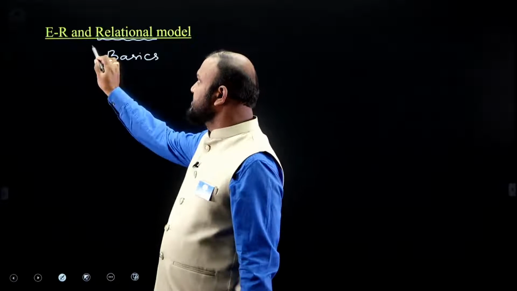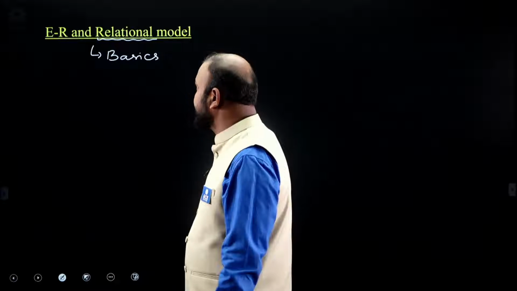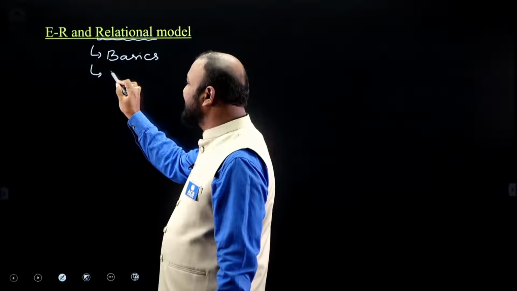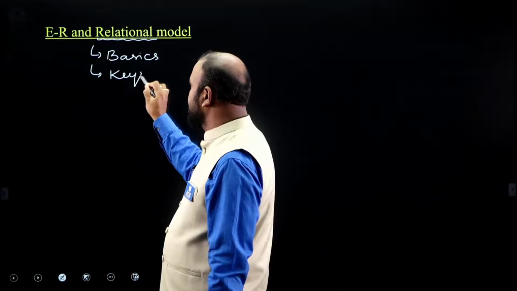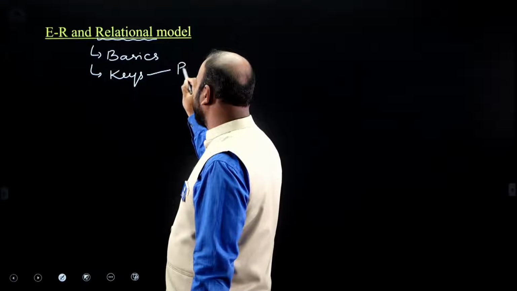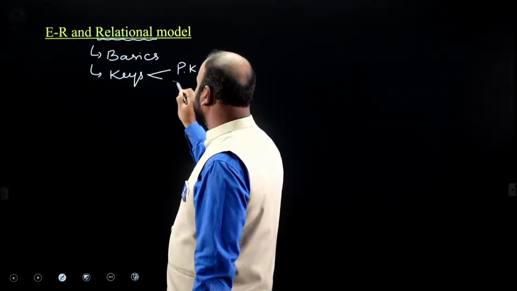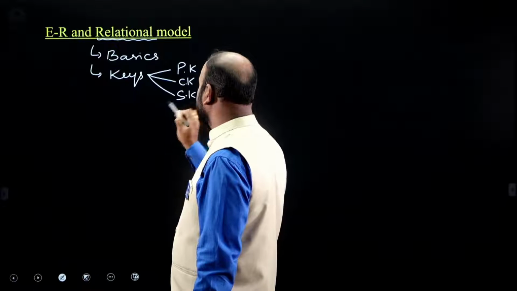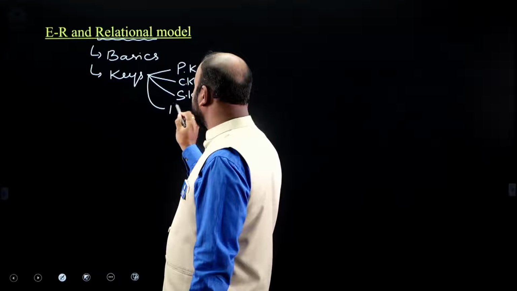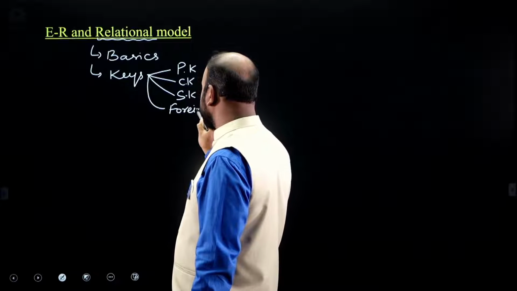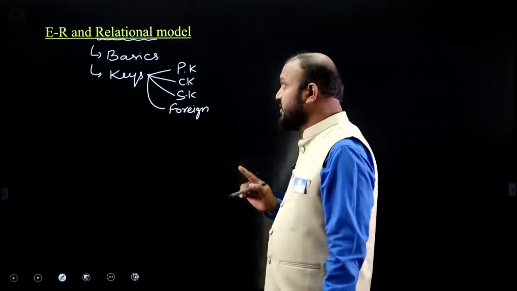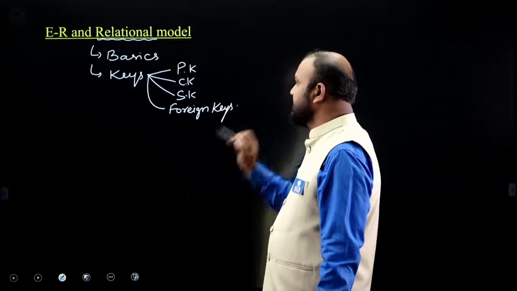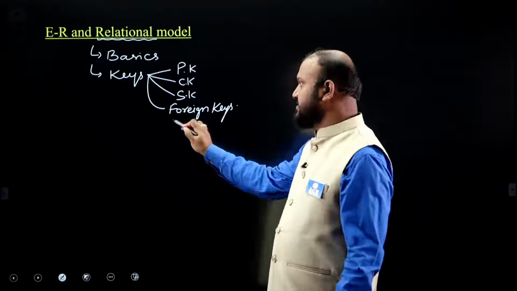Also, questions were asked on key concepts, especially primary key, candidate key, and super key, and importantly on foreign key constraints. Nearly 4 to 5 questions you can see in the previous years' GATE examinations on foreign key constraints. So focus on foreign key constraints.